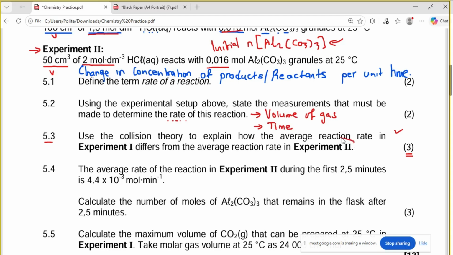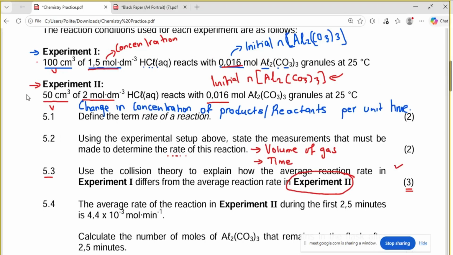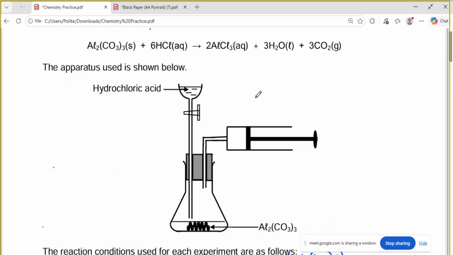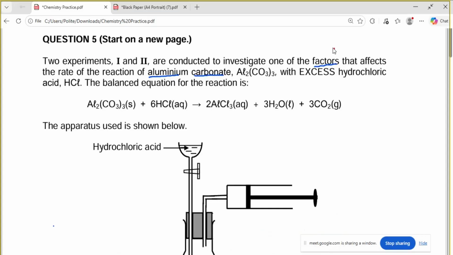For example, let's say I choose experiment 2. If I choose experiment 2 to answer this question, my focus will be on experiment 2. So on experiment 2, you look at that one factor that affects the rate of reaction. What is the factor that we are using now? The concentration. The concentration is the factor that we are using.